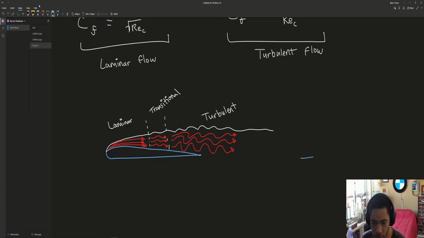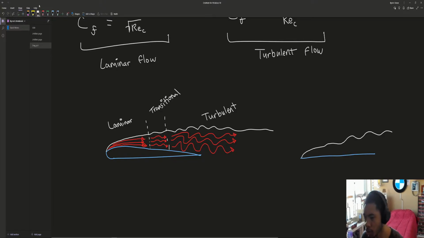If we were to look at our flat plate again, and we draw our boundary layer, here we go: transitional, and then turbulent. Do the same things again. These are our laminar area, our transitional area, and our turbulent area. Again, we're going to draw a straight line. It would look something like this.